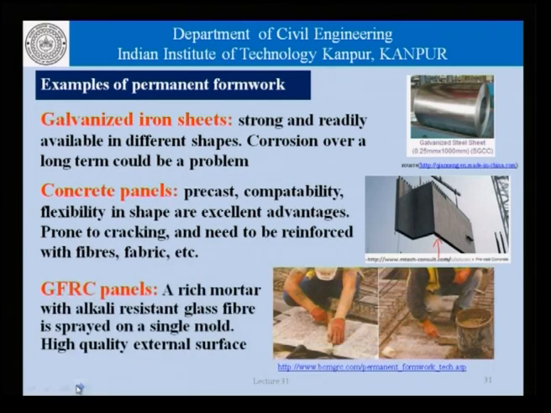And we have glass fiber reinforced concrete panels, in which case we have a rich mortar with alkali resistant glass fibers sprayed into a single mold, and this spraying business reminds us of shotcrete and fiber reinforced shotcrete that we have done earlier, and panels made in this manner can be used as permanent formwork, much in the manner as being shown here.